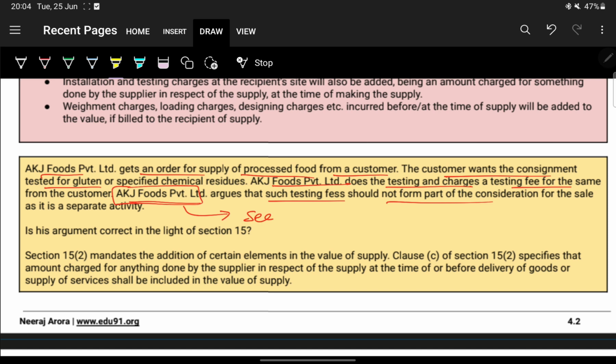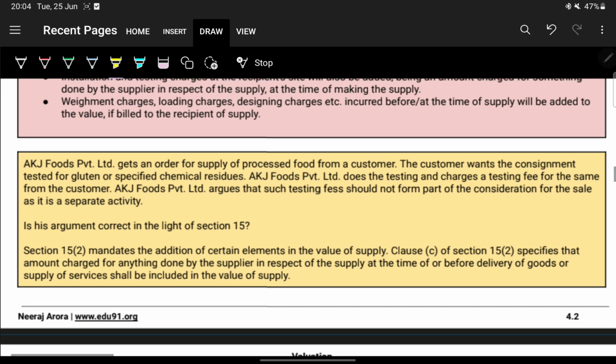As per section 15 subsection 2 clause C, it is to be added to the value of supply, right? Any incidental charges that have been taken and billed to the customer, if it was before or at the time of supply, then it should be considered in the value of supply.